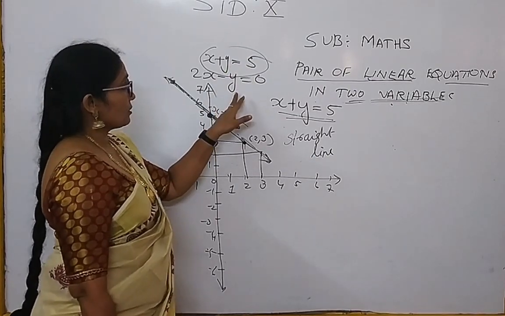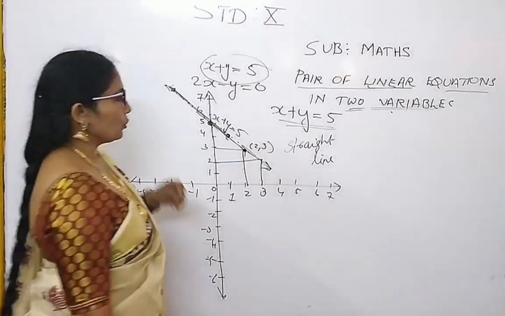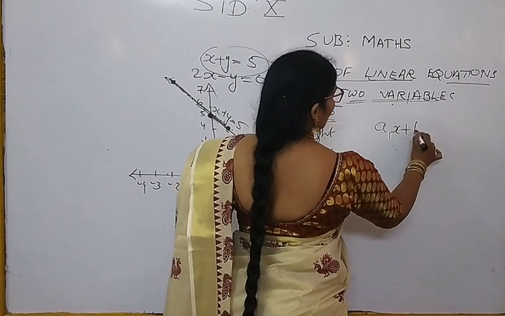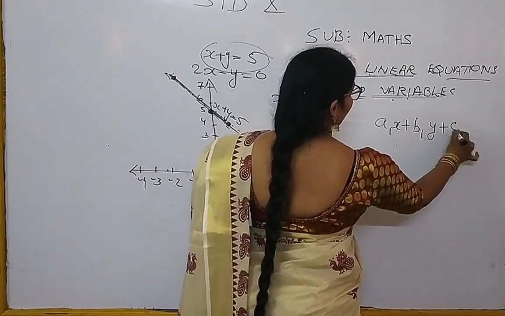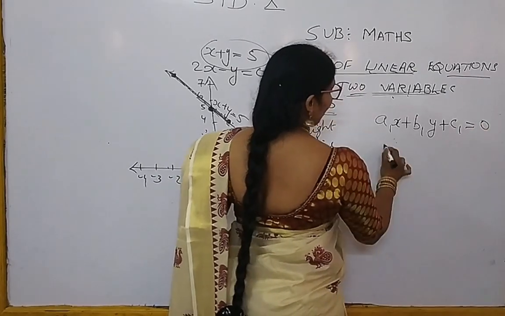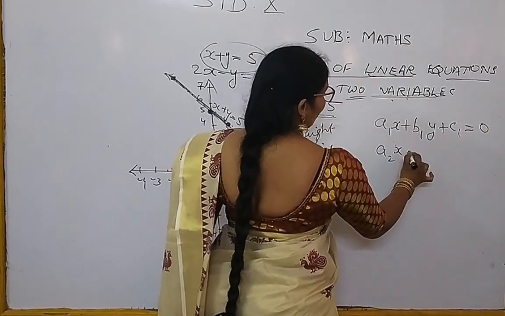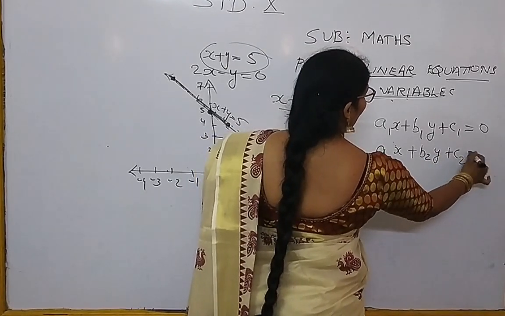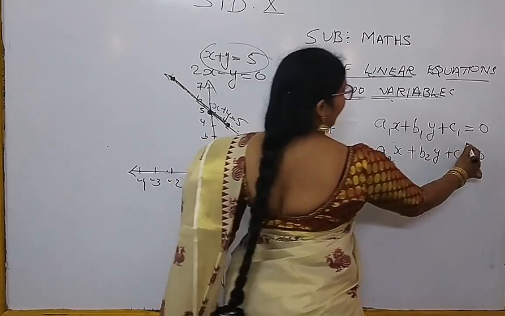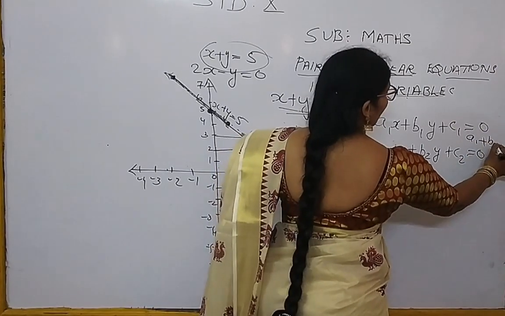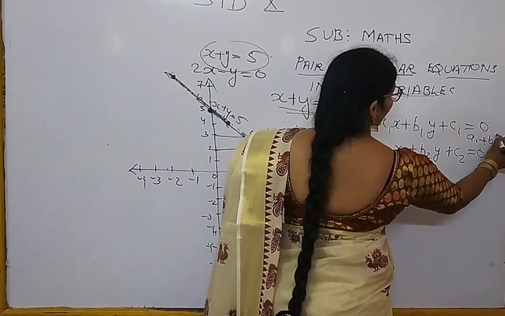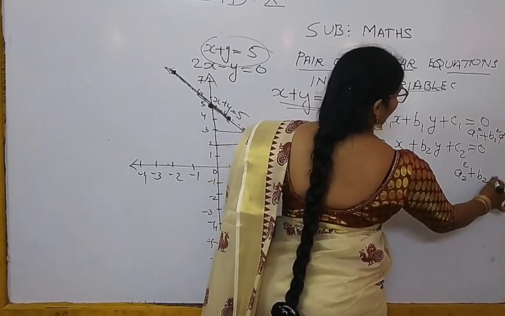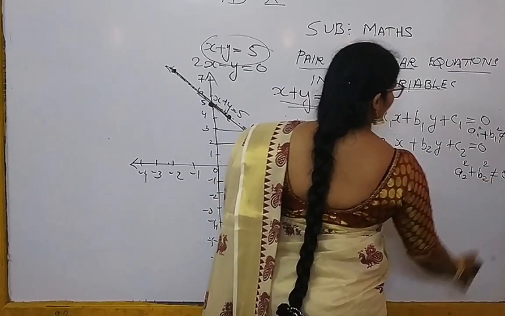If we write them together, you can write the general form like this way: a1x plus b1y plus c1 is equal to 0, and a2x plus b2y plus c2 equal to 0, such that a1 square plus b1 square not equal to 0, and a2 square plus b2 square not equal to 0.